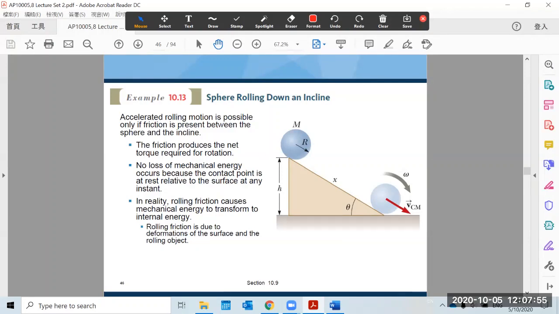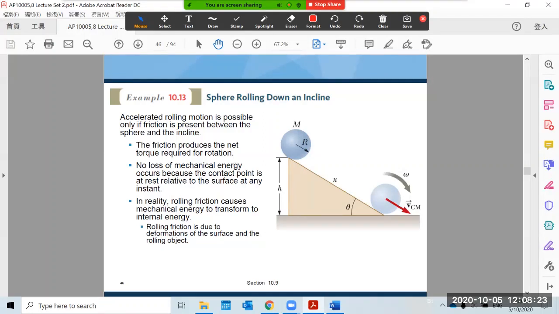Now this sphere has a radius r, and it is rolling down an incline with a slope of length x. As I've said, at the surface at the point of contact, the velocity is 0.